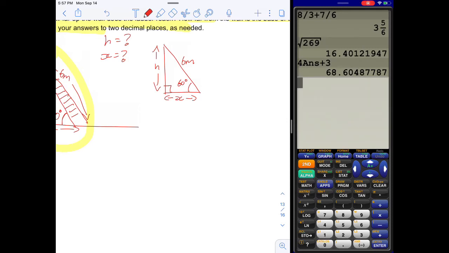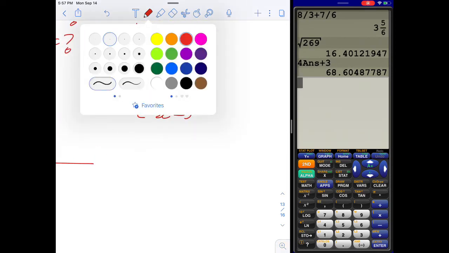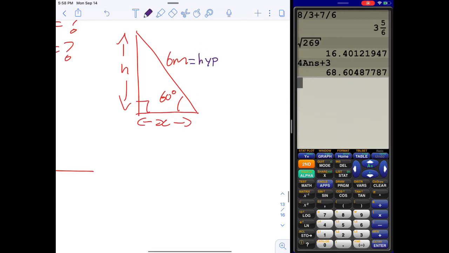Now remember, anytime you're given a right triangle, the first thing you want to do is determine where's your hypotenuse. So you have 90 degrees here, and opposite of that is your hypotenuse. So we have our hypotenuse, and now look at the angle you're given.